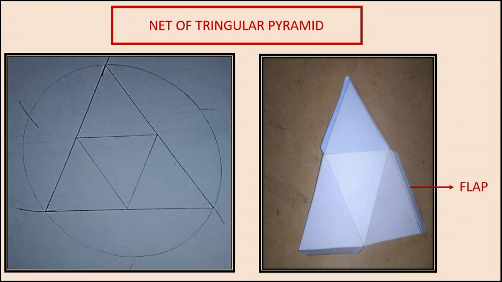Keep it at 2 centimeters only to mark the edge. Now keep the compass point here and mark with a pencil here. Then keep the point here, mark here. Keep the point here and mark here. In this way you have to make 6 marks. How many marks? 6 marks.